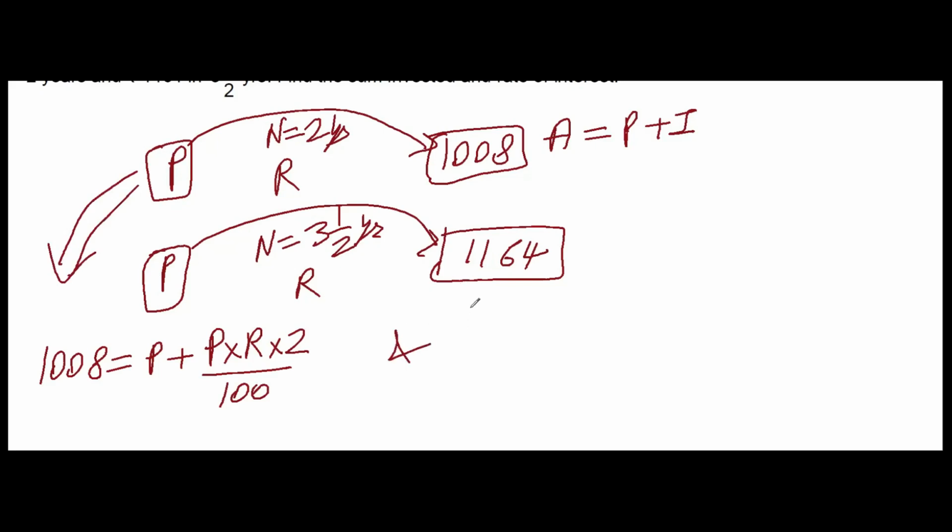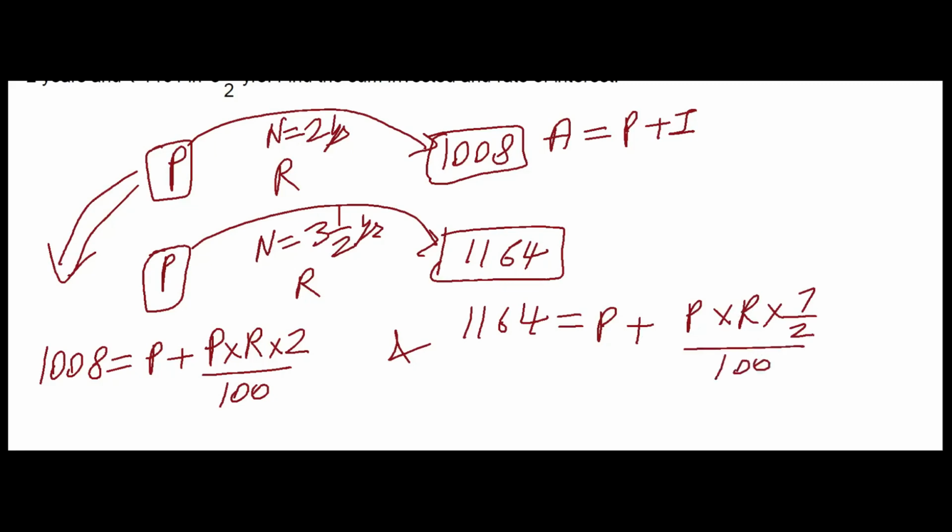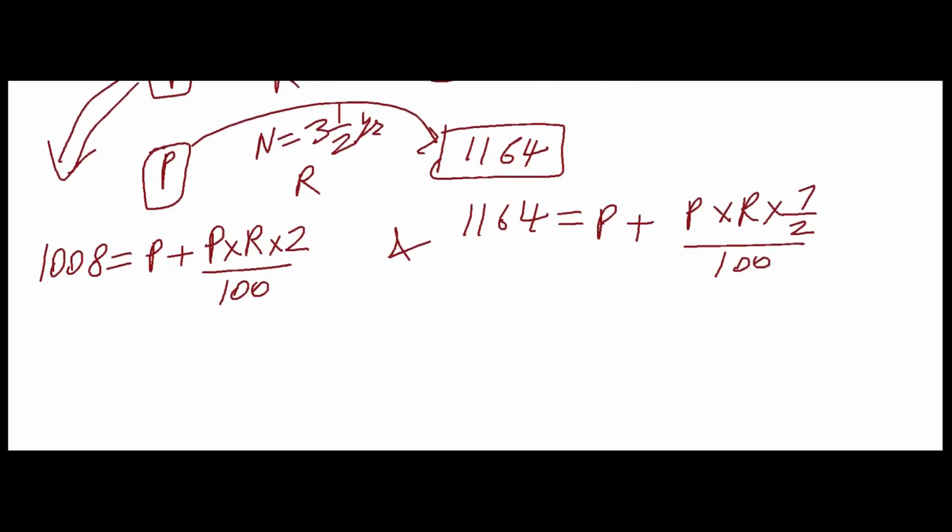Similarly from here I will take 1164 is equal to P plus P into R, and this 3.5 is 7 by 2, okay, upon 100. Now this will be my first equation, or else let me solve this further, and then I will call this first equation. From here I will take P as common.